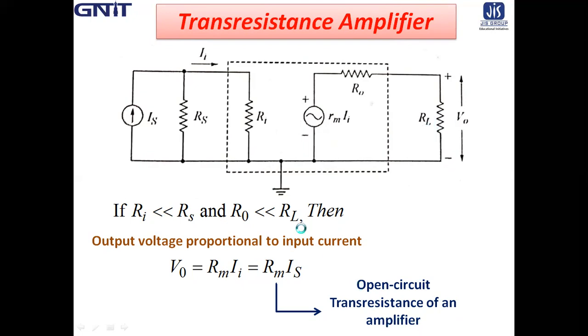Okay. So these are the four possible combinations of feedback amplifier, or four categories of feedback amplifier based on their input output impedance.